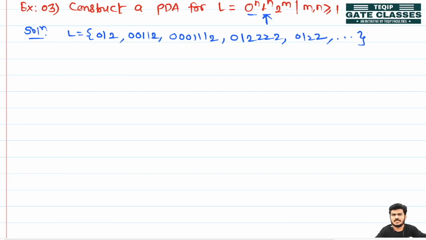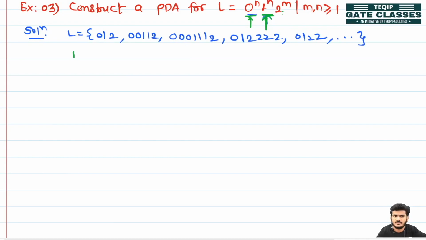Basically we have understood one thing from this example, that 0 and 1 are equal, so we can compare 0 and 1. We cannot compare 0 with 2 or 1 with 2, we can compare only 0 and 1. So for this example we will build the logic like this.